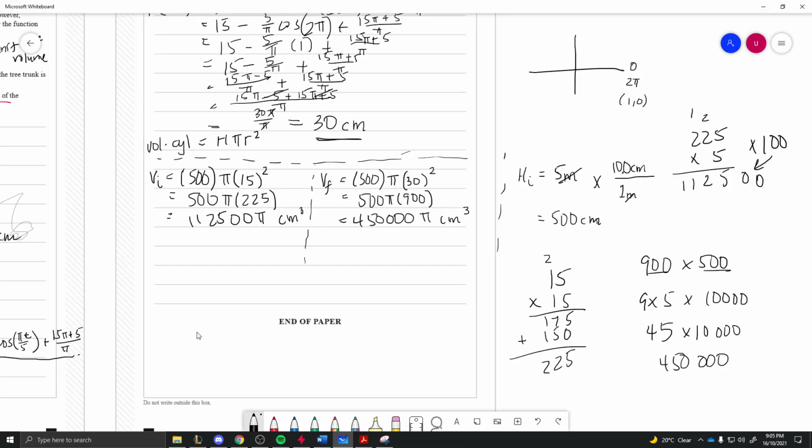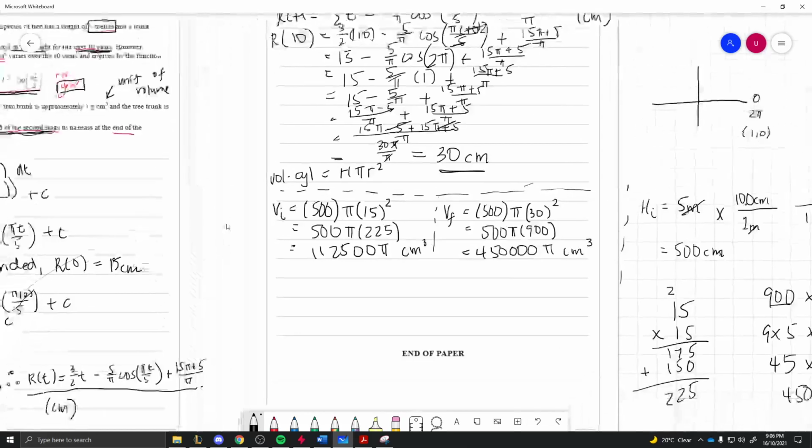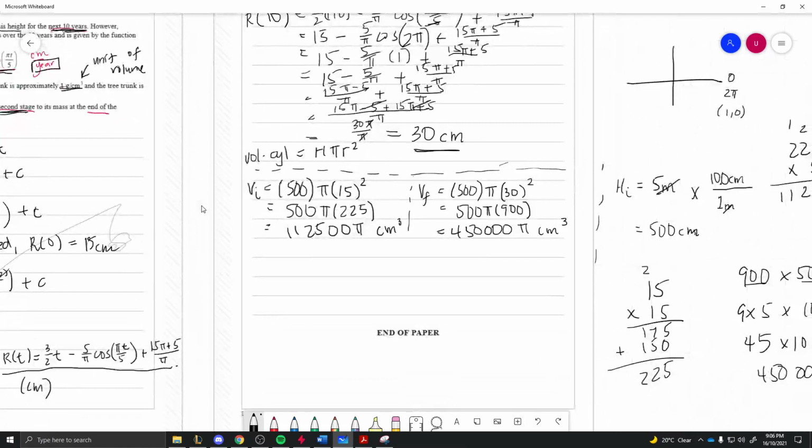But you also know that the density is 1 gram per centimeter cubed. It asks us for a ratio between the two, so it doesn't matter what we work in, but we're going to work in grams because that's what's given to us, even though grams isn't an SI unit. So it's going to be 112,500 pi times 1 gram per centimeter cubed.